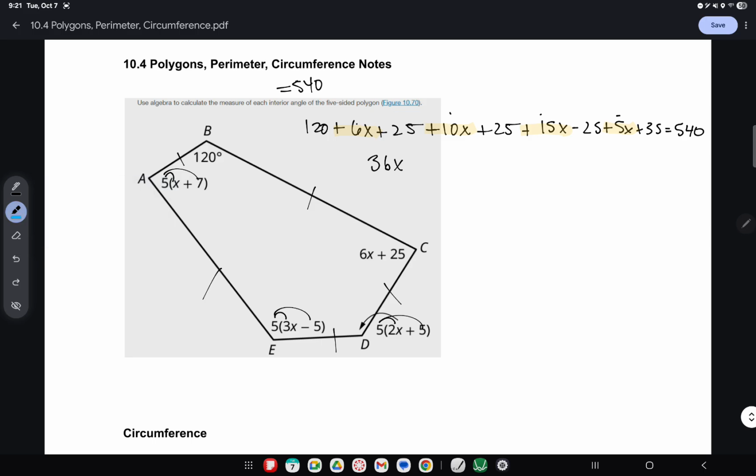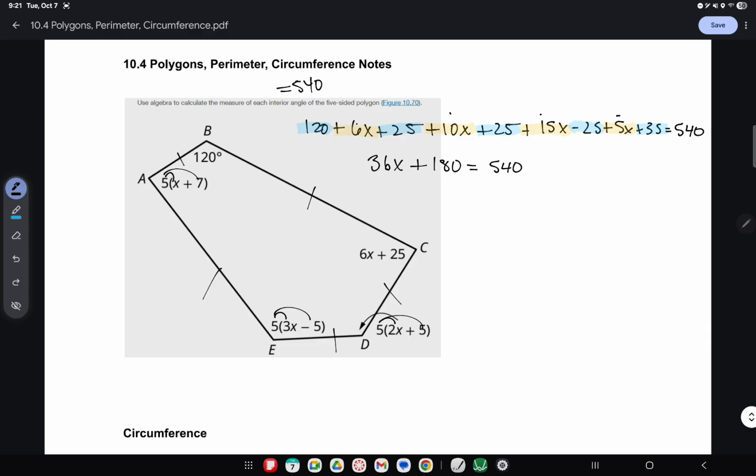But then I have these numbers, or these constants, that are also like terms. So I'm going to combine those as well. That one I might need a calculator for. 120 plus 25 plus 25 minus 25 plus 35 gives me a grand total of 180. And all of that still equals that 540.